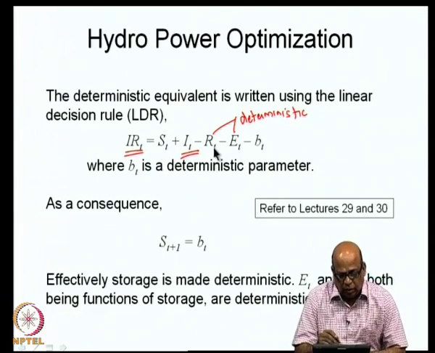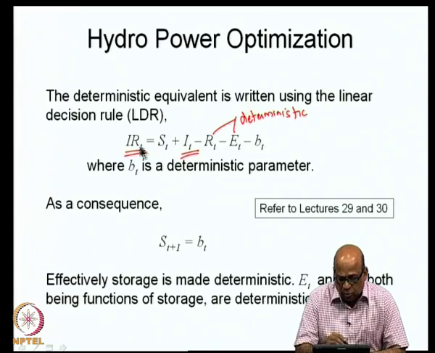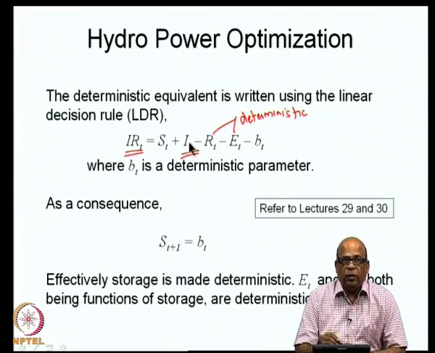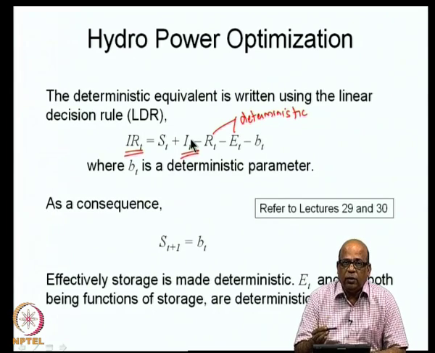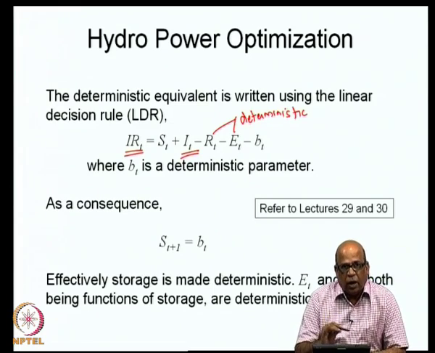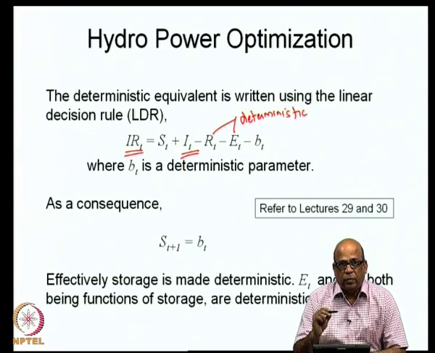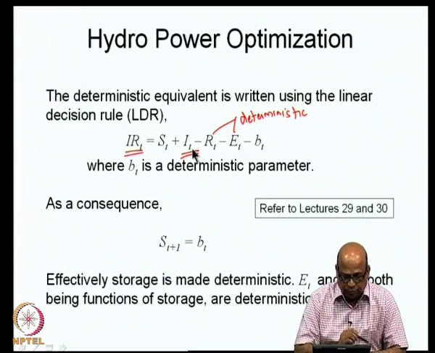So, there is a subtle understanding that is necessary here, although S_t, R_t, E_t all depend on I_t, which is the random inflow. What we are saying through this particular type of linear decision rule is that all the uncertainty in I_t we transfer only to I_r,t, and S_t, R_t as well as E_t are not uncertain, they are retained as deterministic variables. So, that is the understanding that you should have.